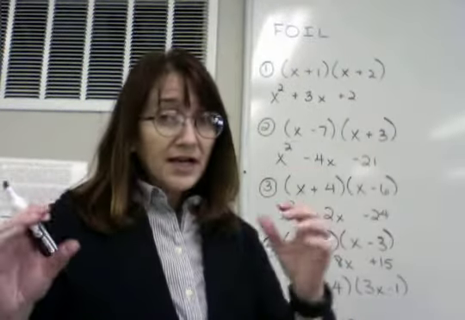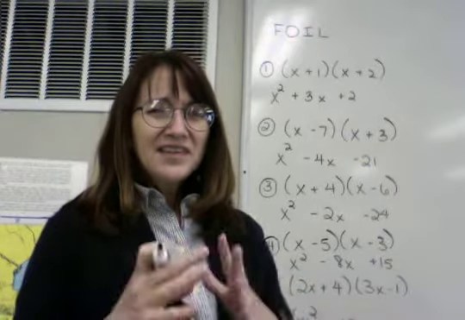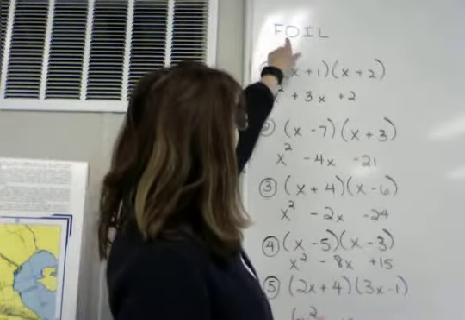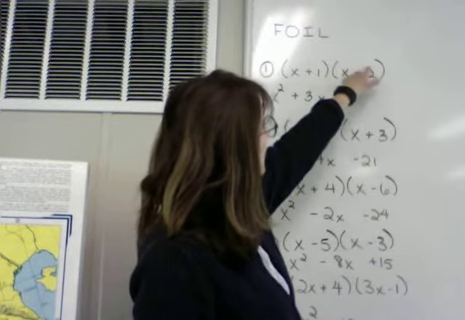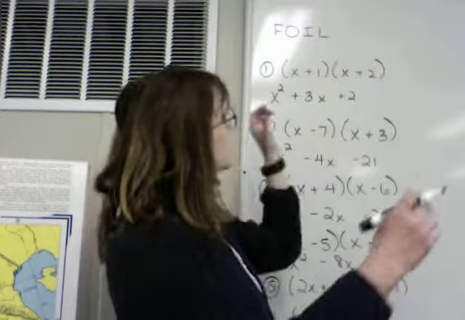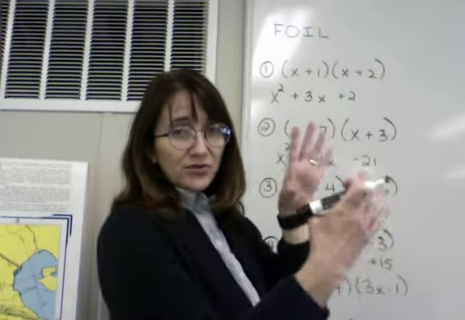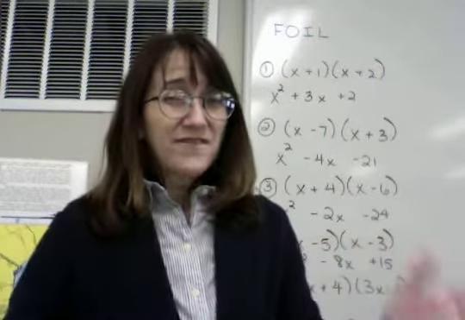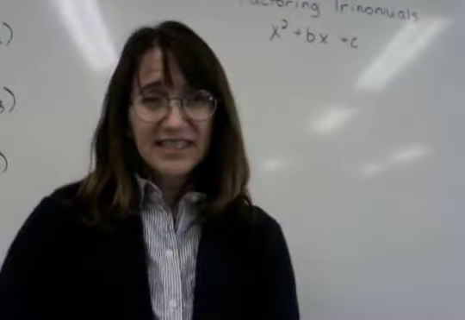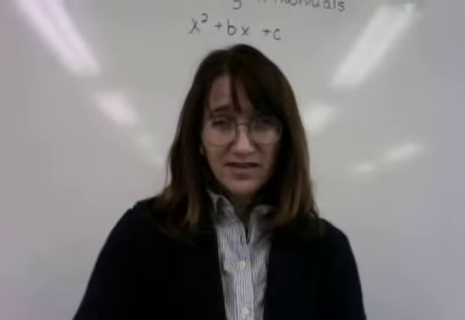They were like terms, so I added them together. So I multiplied my outer term, I multiplied my inner terms, and then I added those together. Well, that's what factoring something that looks like this ends up doing.